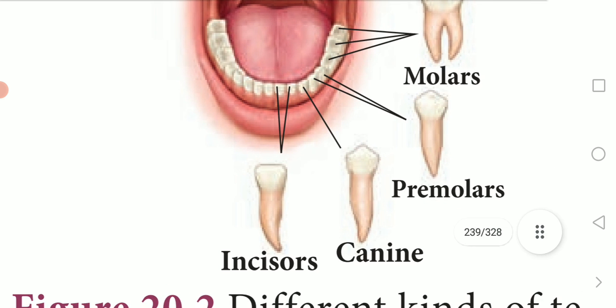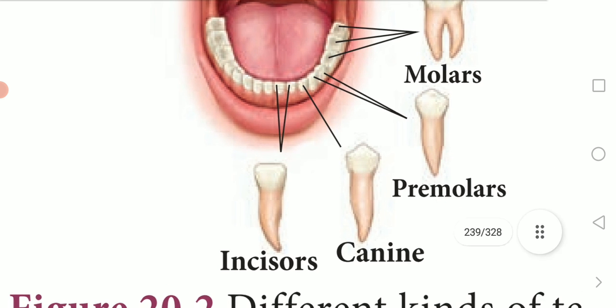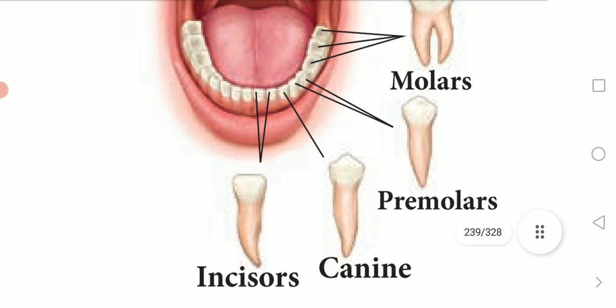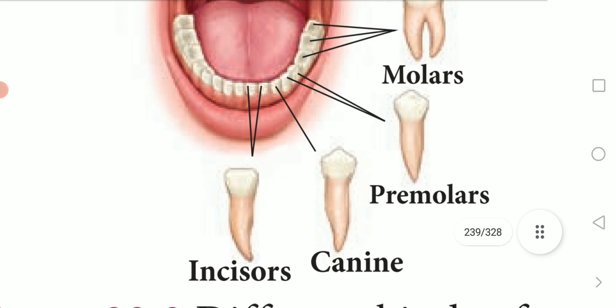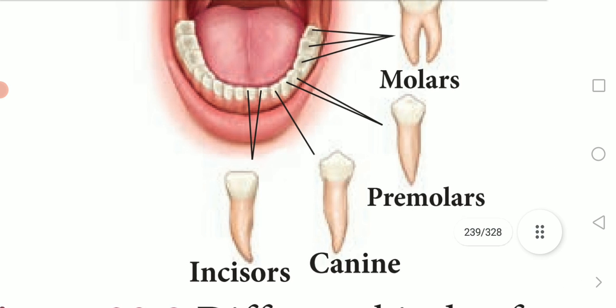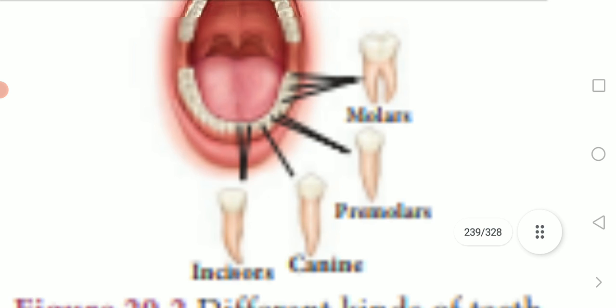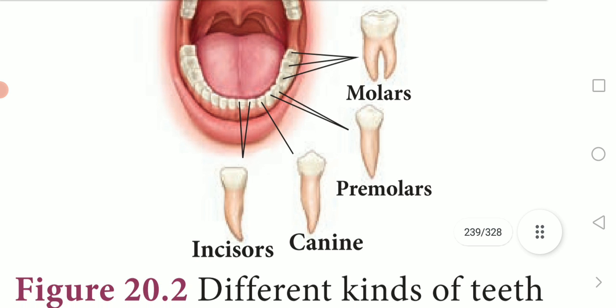The second one, canines. How many canines are there in our teeth? There are four canine teeth. They are used for tearing and piercing the flesh.